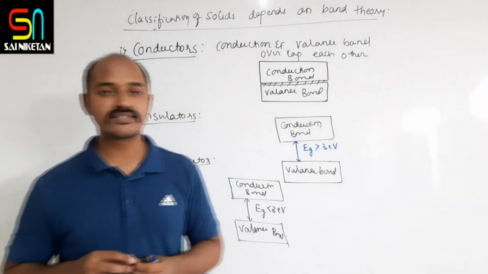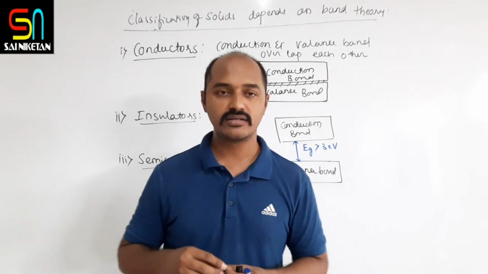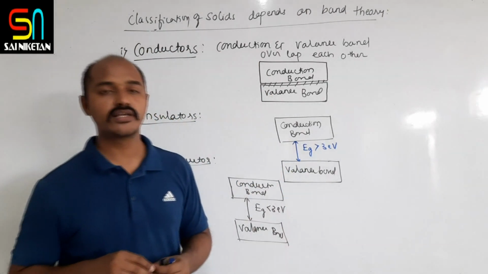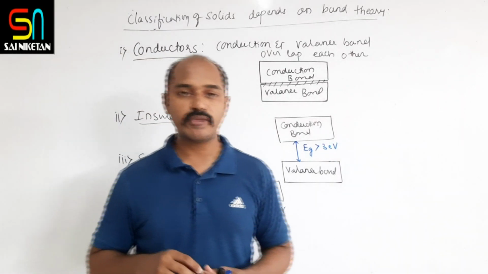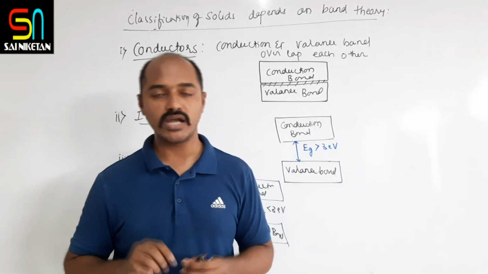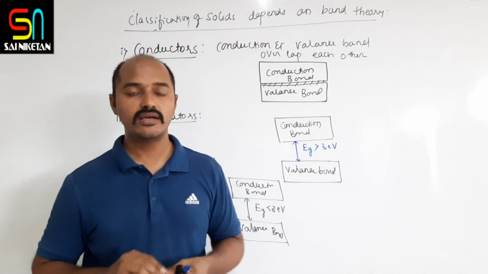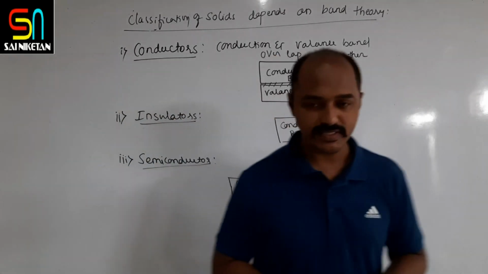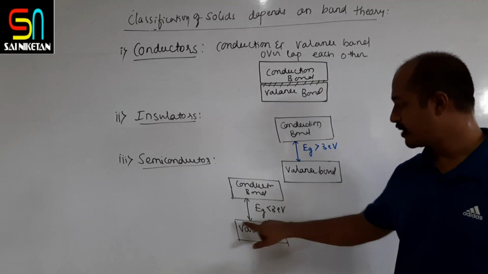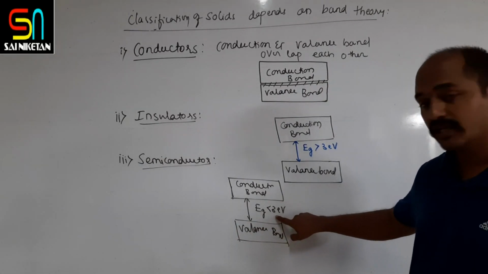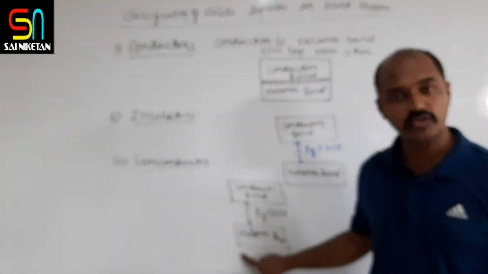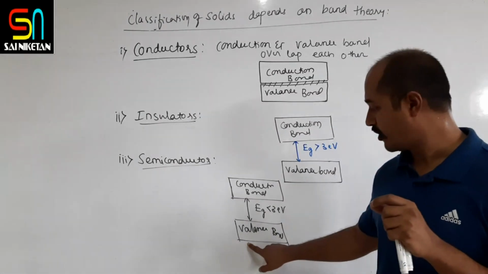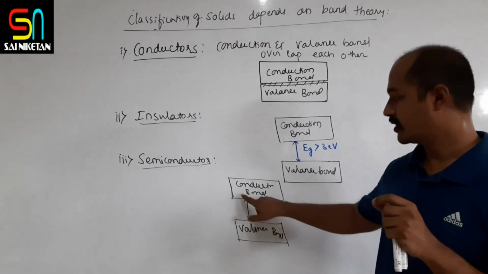Semiconductors are the solids where the energy gap between the conduction band and valence band is less than 3 electron volt. What this means is, when you supply energy less than 3 electron volt, the electrons in the valence band start jumping to the conduction band.